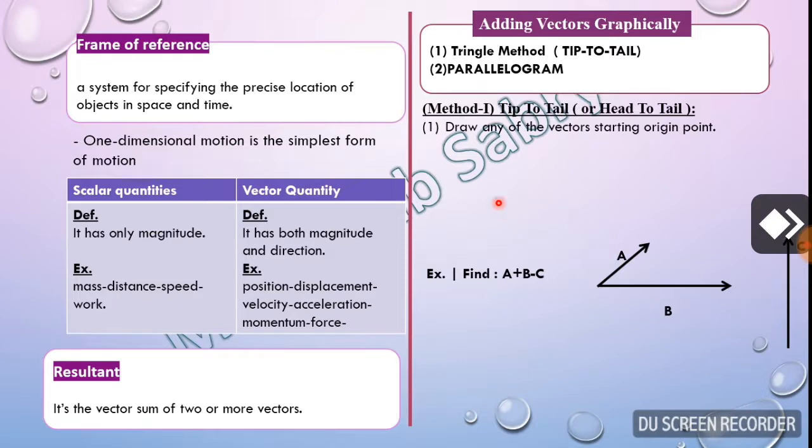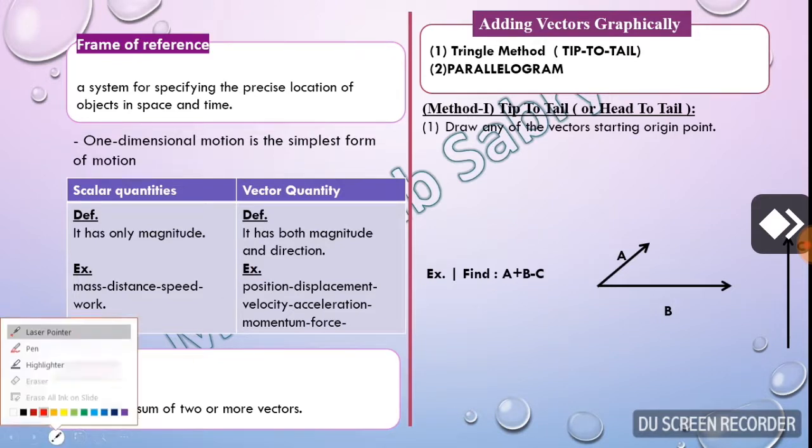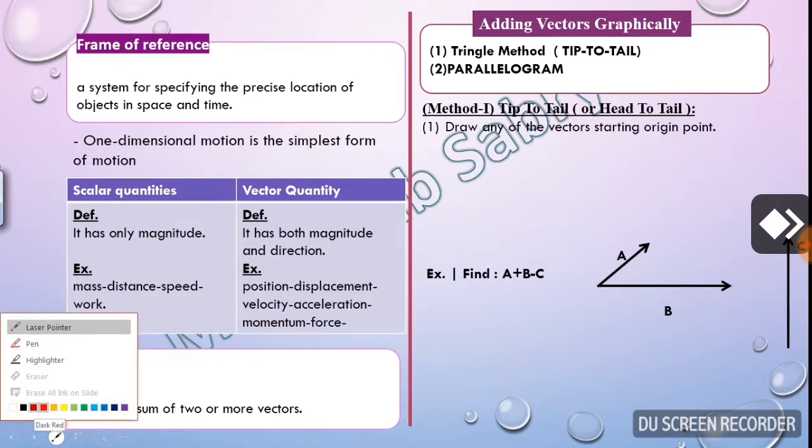Number one, draw any of these vectors starting at the origin point. Should I begin with A? No. A, B, or C, as you like. I told you any. So drag or take any of these and draw it beginning at the origin point.